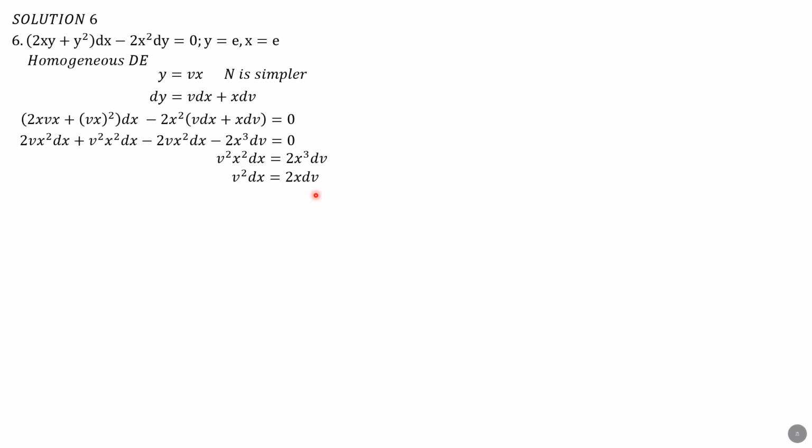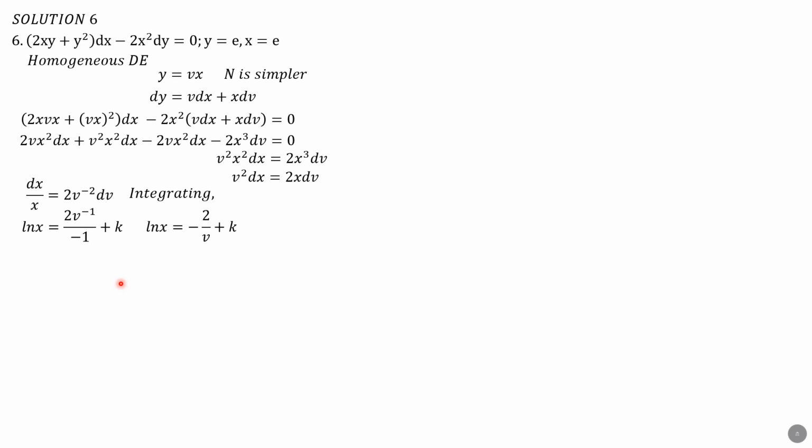By separation of variables, we write this as dx over x equals 2 over v squared dv, and 2 over v squared can also be written as 2v to the negative 2 dv. We integrate this. This is ln x, while this is 2 times v to the negative 1 over negative 1, then plus constant, let us say k. So ln x equals negative 2 over v plus k.